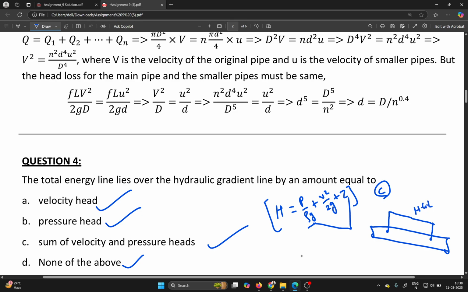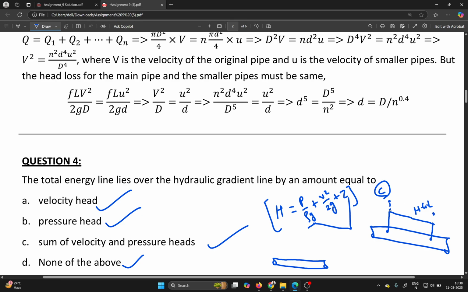Now again I want to check your total energy line. Total energy line means what? Pressure, velocity and datum. Let us suppose here also I want to check. Due to the velocity, the head will be increased here also.